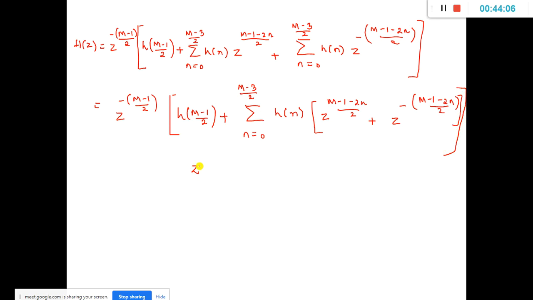Now just observe here, what is z? z is e to the power of j theta in the z domain. Look at this, it is something like e to the power of j theta plus e to the power of minus j theta divided by 2, which is not there. So what I do, I perform like this, so that I am able to write this in terms of the definition of cos.